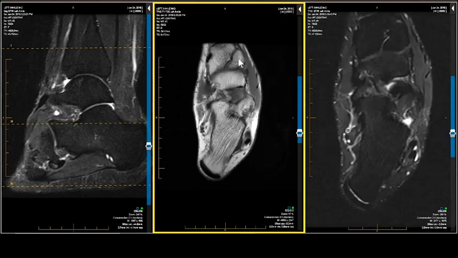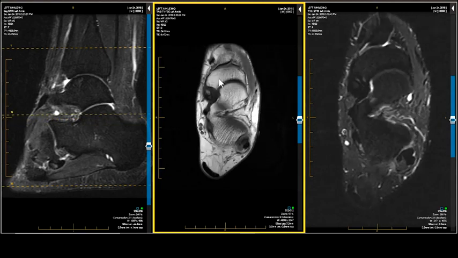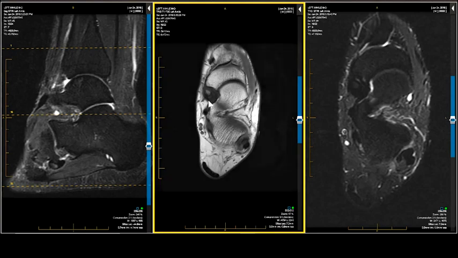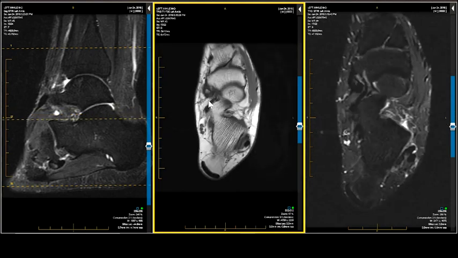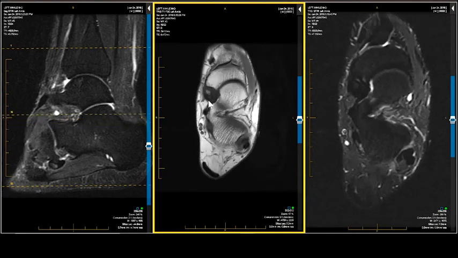He has limited range of motion and he rolled his ankle. And we also have an os tibiale externum, another accessory ossicle. This one quite benign appearing.